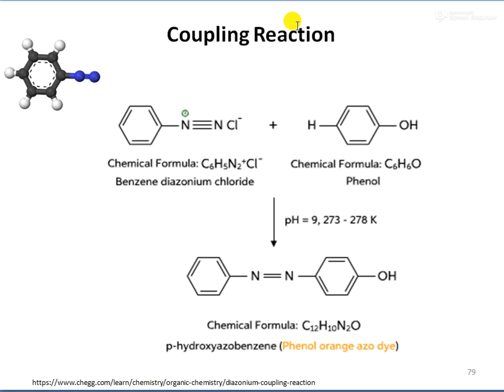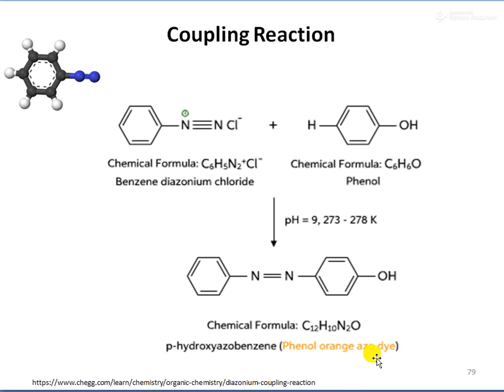Then there is a coupling reaction, that is a coupling reaction between a diazonium salt and a phenol. Coupling occurs at the para position. So we get para hydroxyazobenzene. This is a benzene diazonium chloride and a phenol. Coupling occurs at the para position, and this is the final compound.